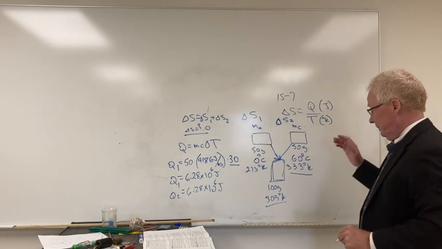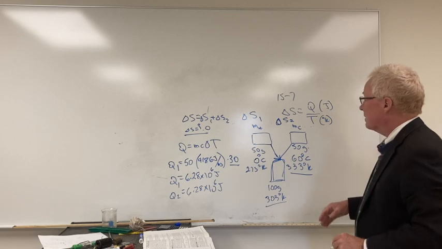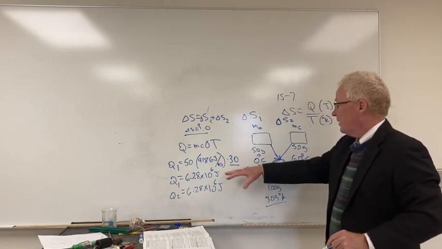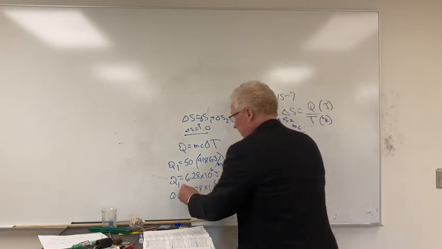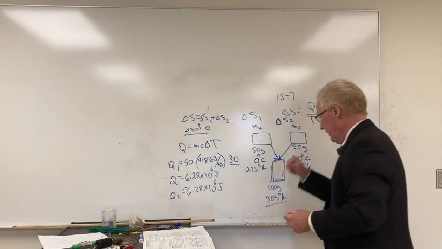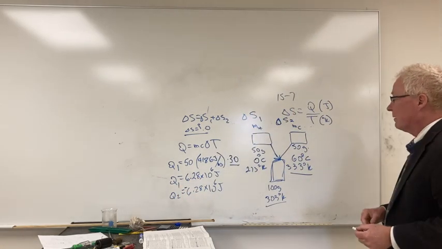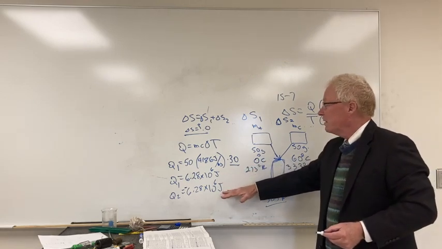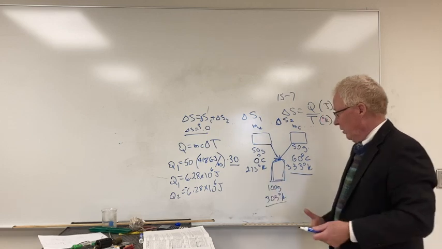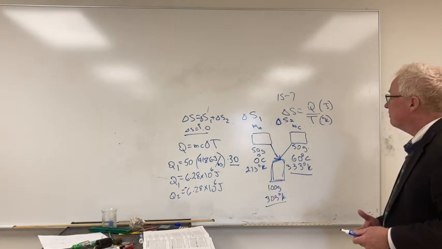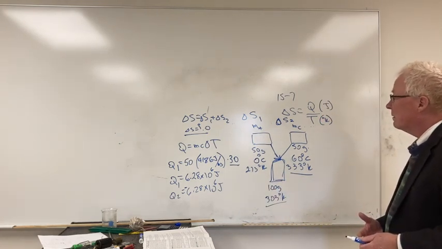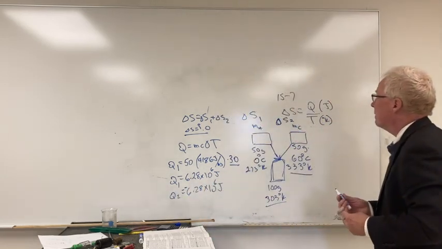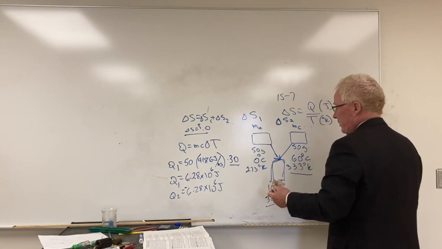So, except in this case, this one will gain heat, this one will lose heat. So that's going to be minus in that case. All right. So this is gaining heat, this is losing heat. So then the net heat is 0, which is what we would expect.